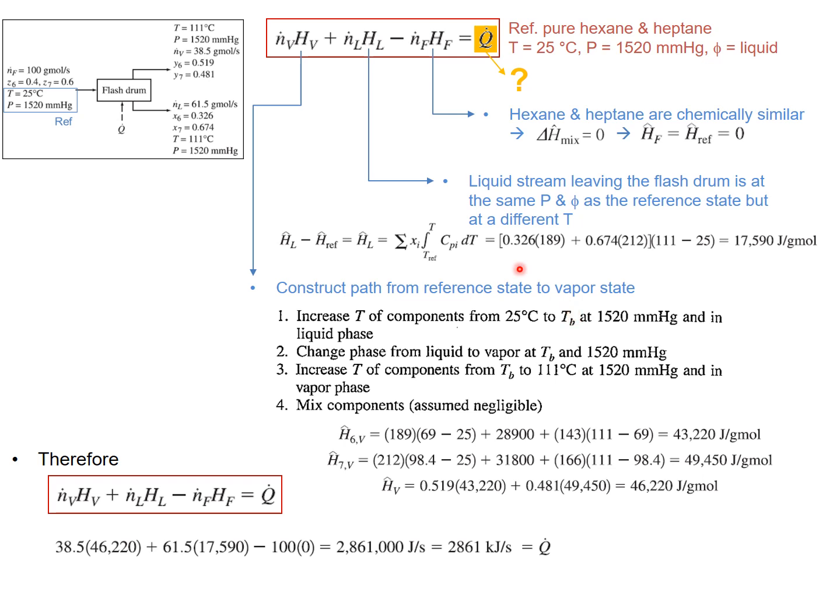Of course, we haven't reached 111 Celsius degree yet because the boiling point is lower than 111 Celsius degree. So still we are in liquid phase, and then change phases from liquid to vapor at the boiling point and the same pressure. We don't need to think about the pressure because it is the same as the pressure of the reference state.